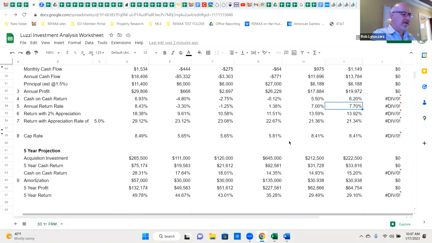It's appreciation on the appreciation on the new value. Nice try, but nope. So the reason is, do you get appreciation on your down payment, or do you get the appreciation on the whole house? The whole house.